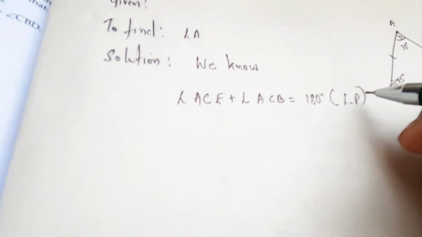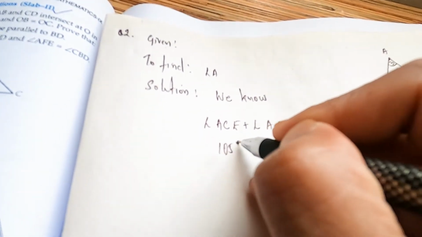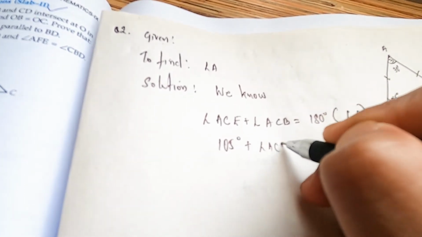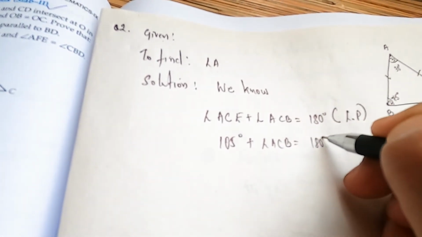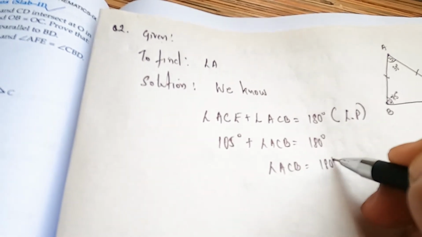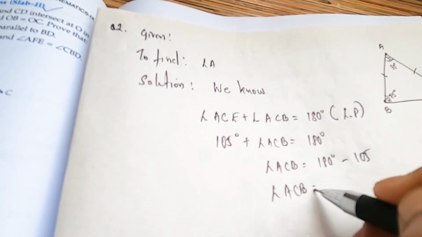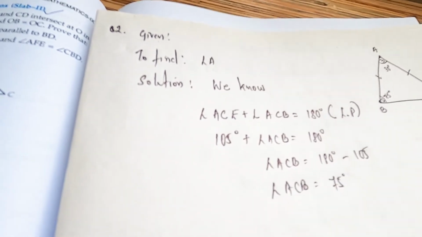Reason, linear pair. So ACE will be 105 plus ACB is equal to 180. So ACB is equal to 180 minus 105. So ACB will be 75 degree.